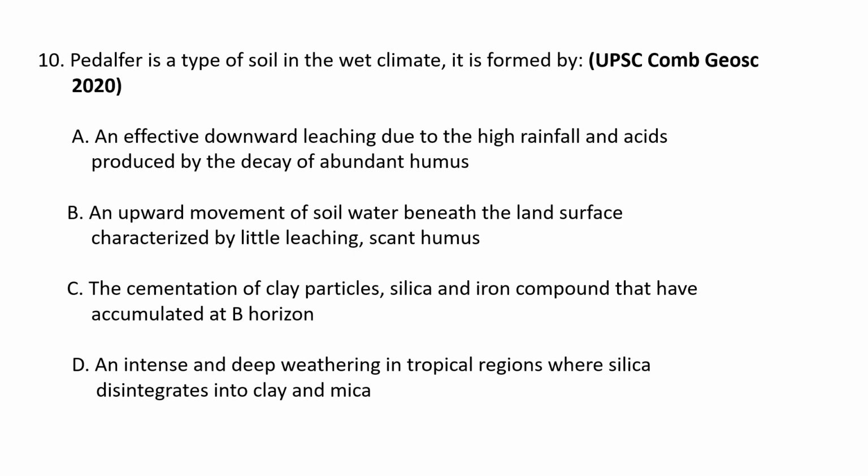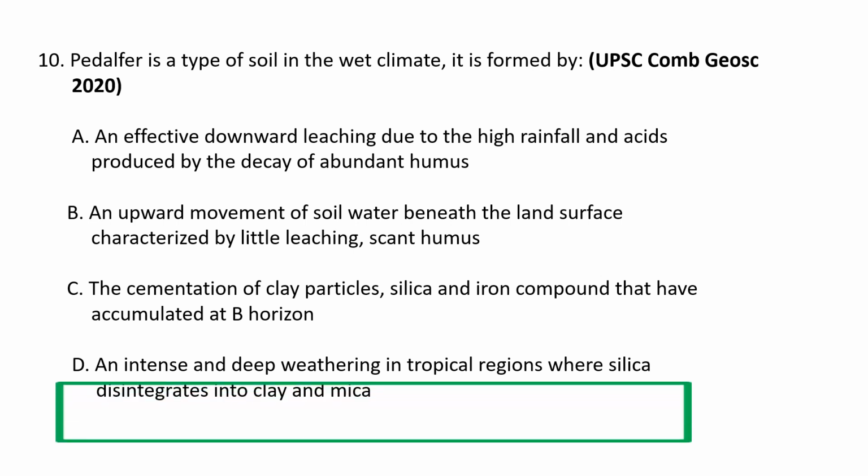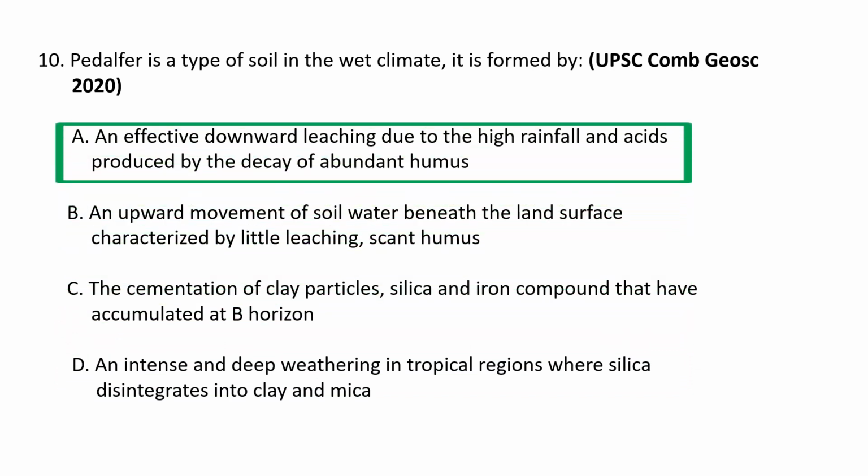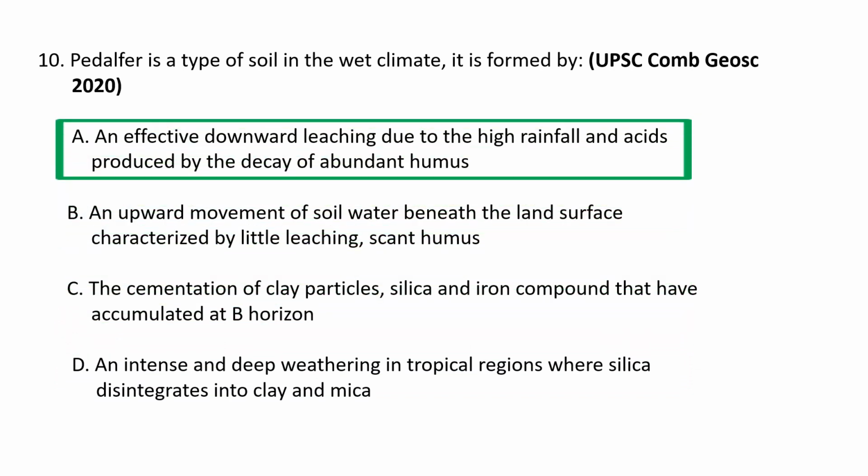So pedalfer is a type of soil in the wet climate which is formed by an effective downward leaching due to the high rainfall and acids which are produced by the decay of the humus. So A is the correct option.